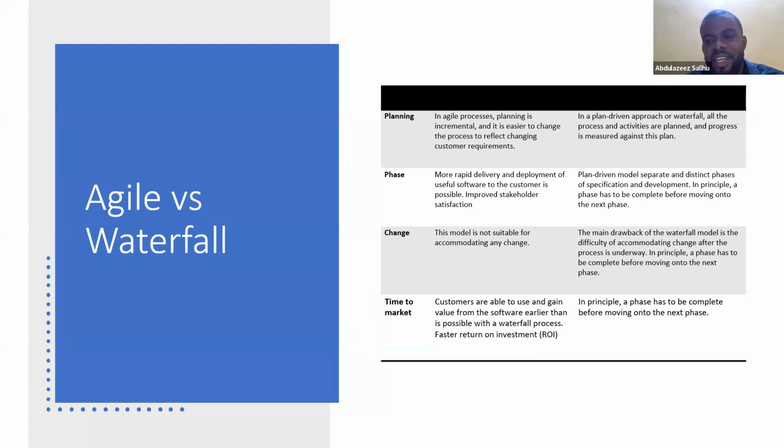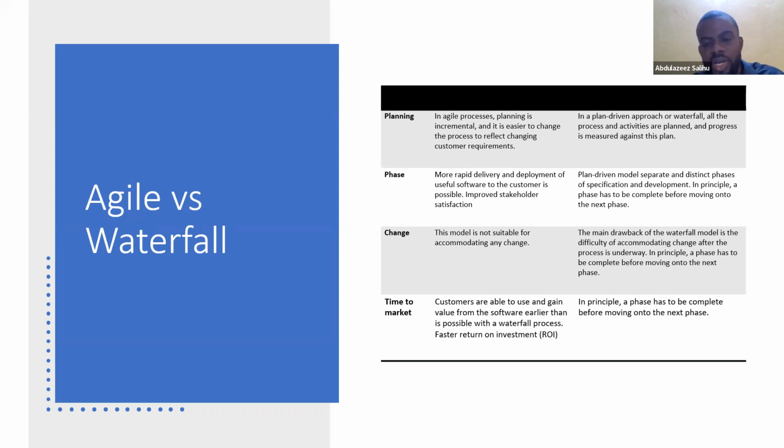Whereas in the plan-driven model, you have separate phases. You have to complete the planning phase before you progress to the analysis phase, before you proceed to the design phase, before you move to the coding phase, testing and release.